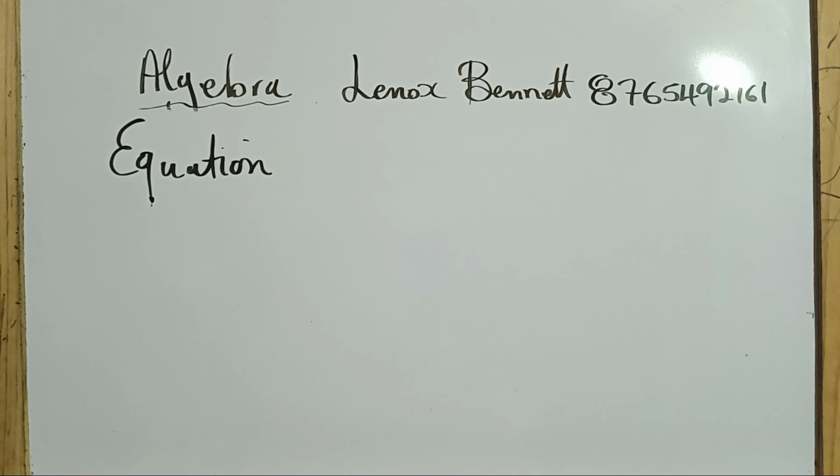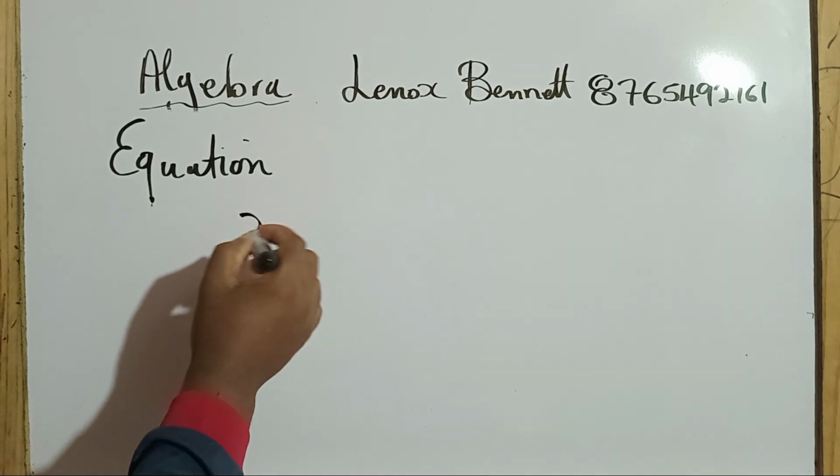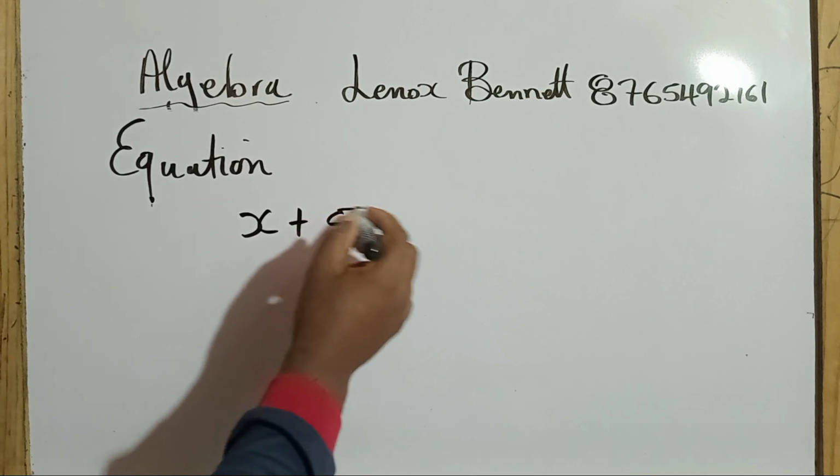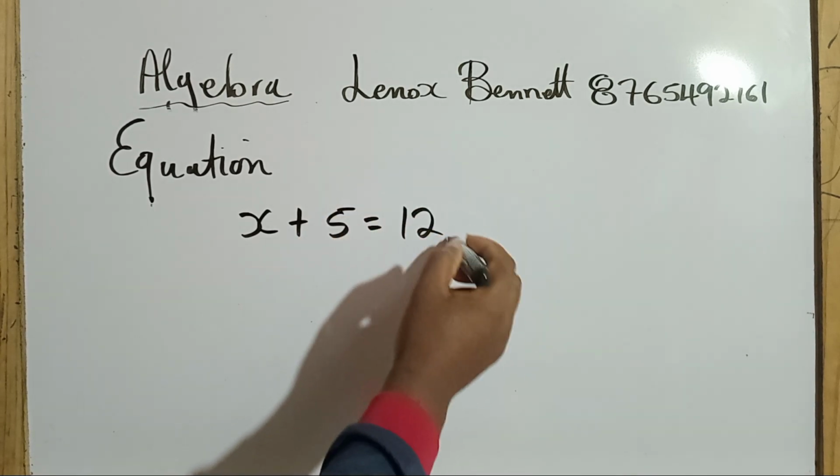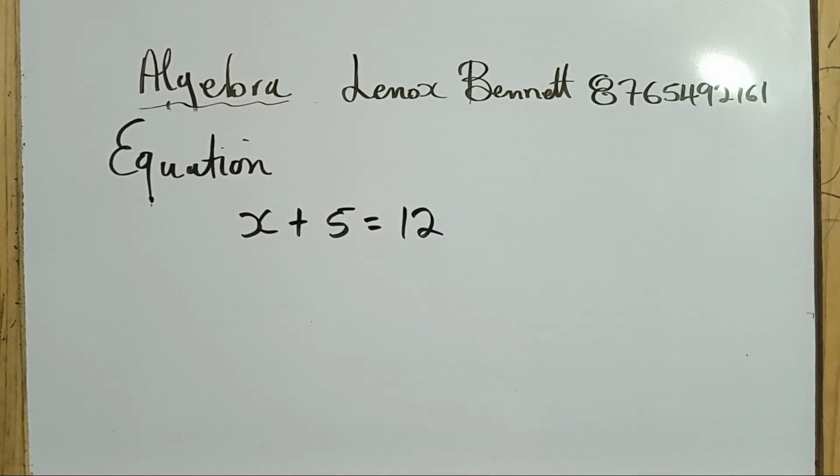Alright, so equations are one of the things that we can come across in the curriculum. Let's start off very simple. Now, by definition, an equation is when the expression on the left is equal to the expression on the right.